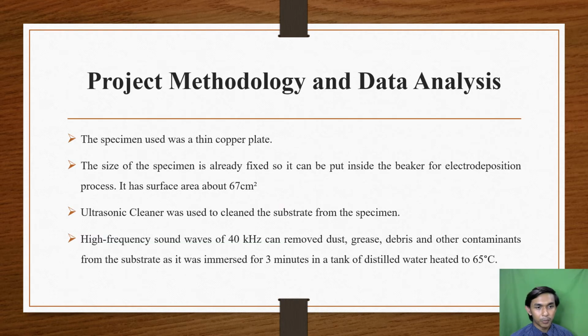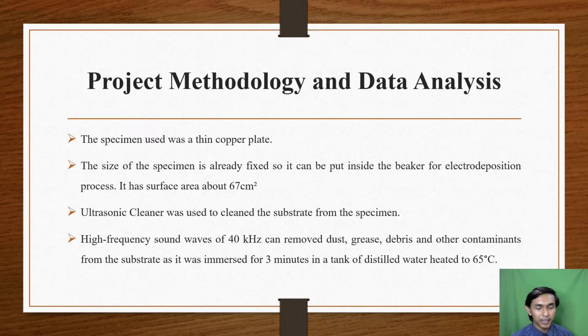So for the project methodology and data analysis, the specimen that I use is a thin copper plate. The size of the specimen is already fixed, so it can be put inside the beaker for the electrodeposition process. It has a surface area of about 16.7 cm squared. Before running the electrodeposition process, an ultrasonic cleaner was used to clean the substrate.